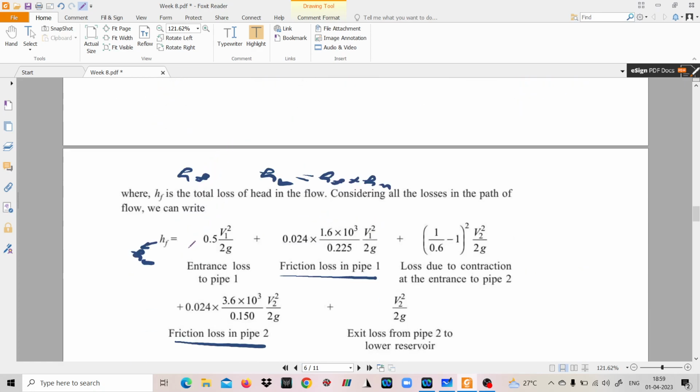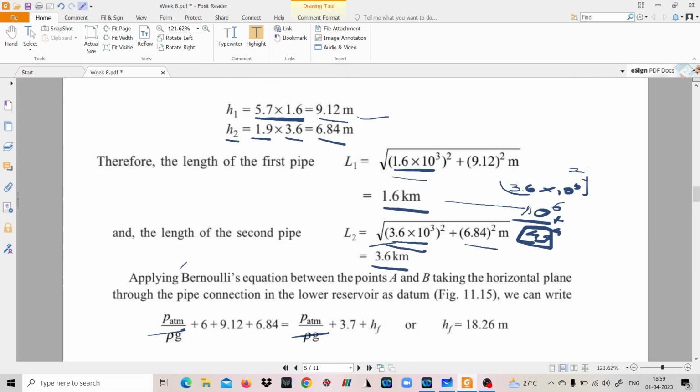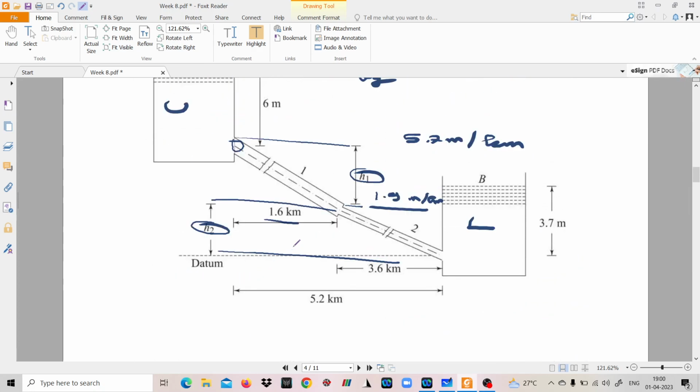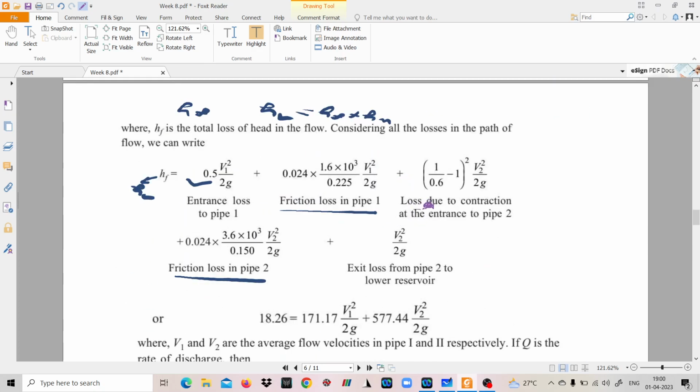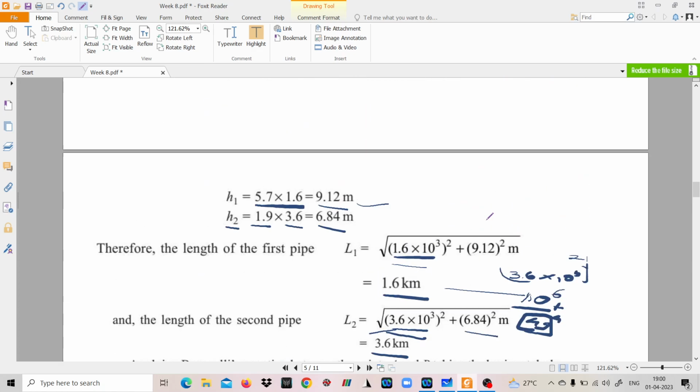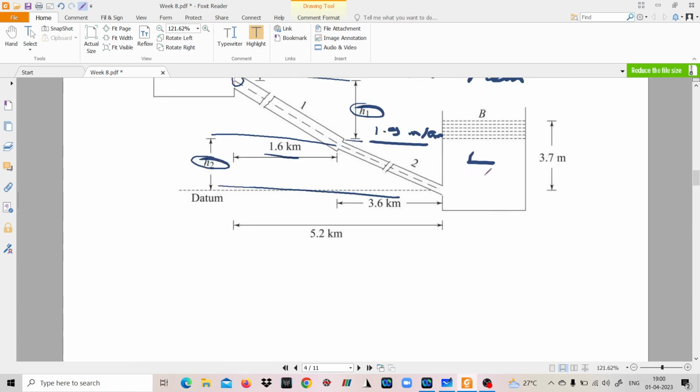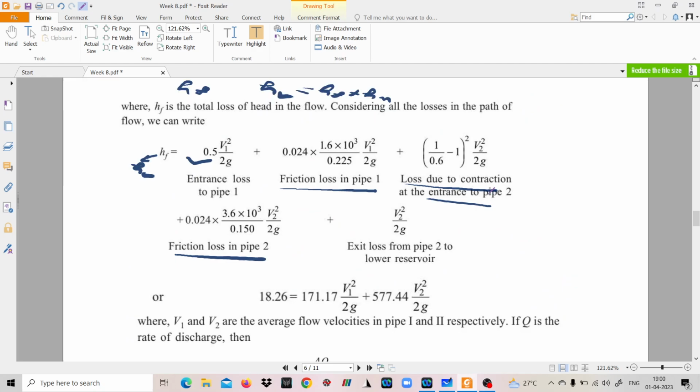So entrance loss to pipe 1. Then as the water moves from pipe 1 to pipe 2, you can see there is a reduction or constriction in the flow area, so there will be a minor loss. Basically we are getting loss due to sudden contraction at the entrance to pipe 2. And then as the water exits from pipe 2 to lower reservoir B, we have exit loss from pipe 2 to lower reservoir.